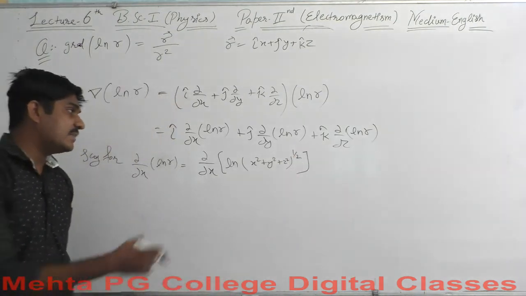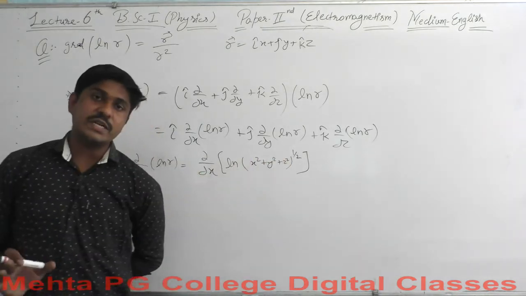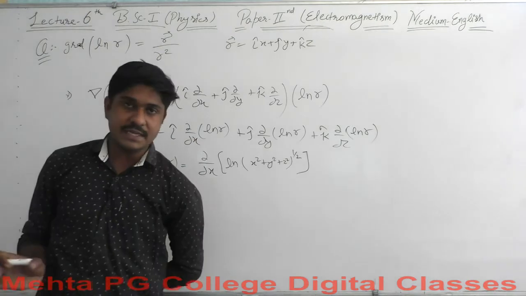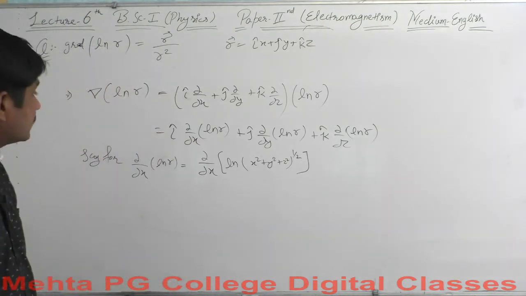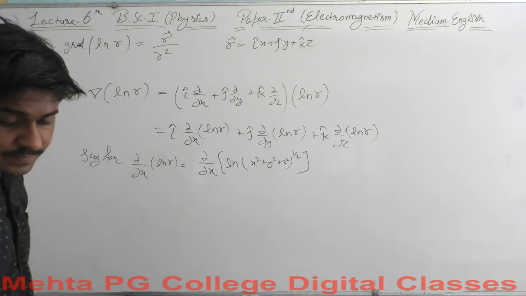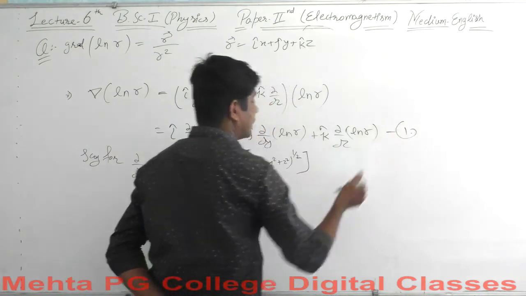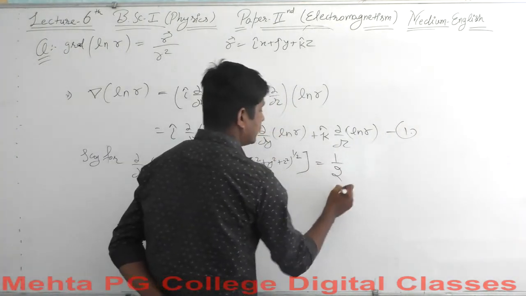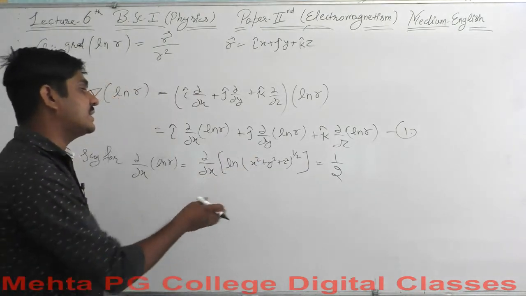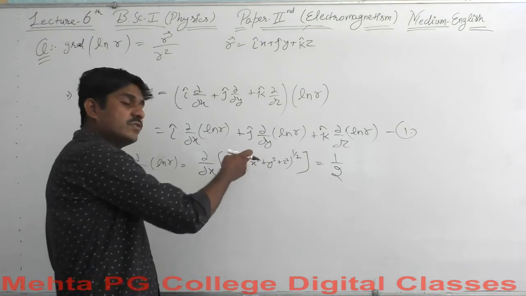For ln the power can be written in the form of a product, so 1 by 2 can be put in front. Let's say this is equation 1 and we are going to put all these values here. As it is a constant, it has no relation with the derivative. We are supposed to calculate the derivative for this function.